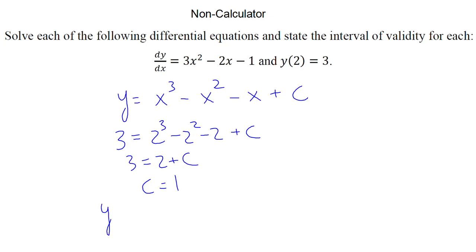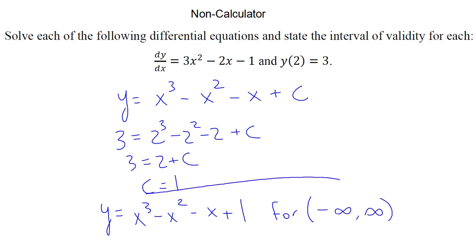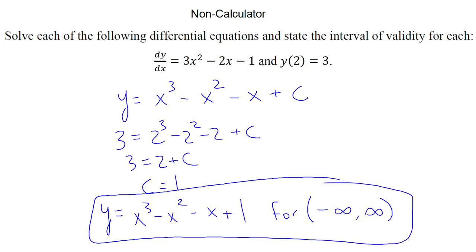So our answer should be y equals x cubed minus x squared minus x plus 1. And it asks for the interval of validity, which means we have to check for any discontinuities. Well, this is a polynomial function. It has no discontinuities, so this is valid for all real numbers, negative infinity to infinity.